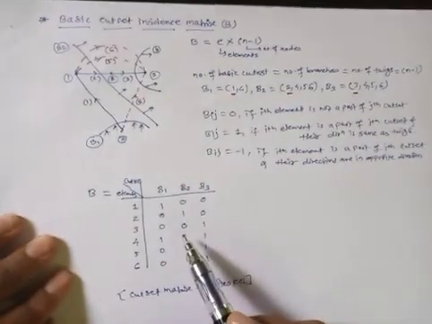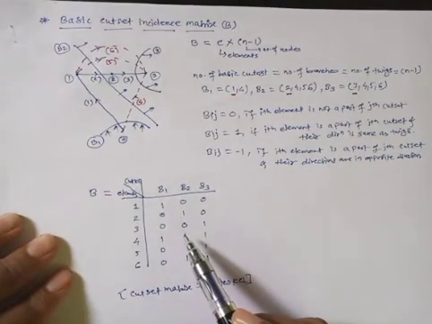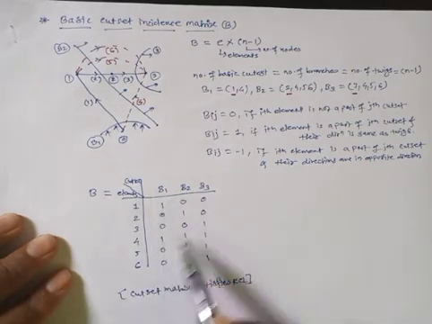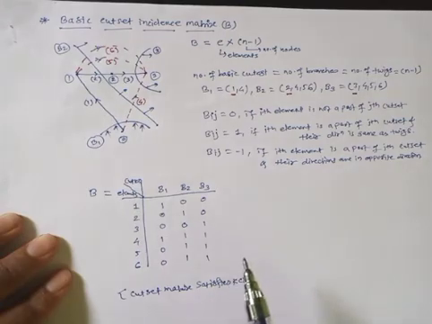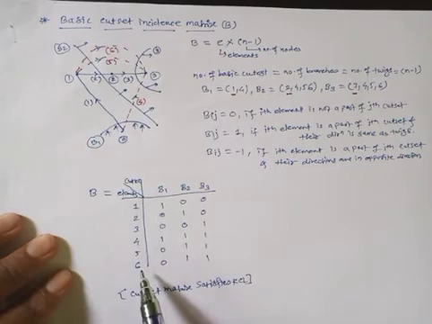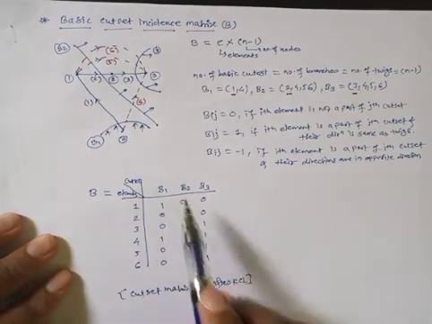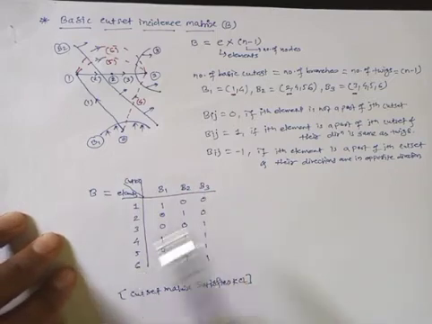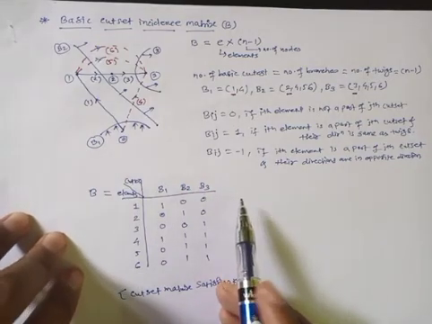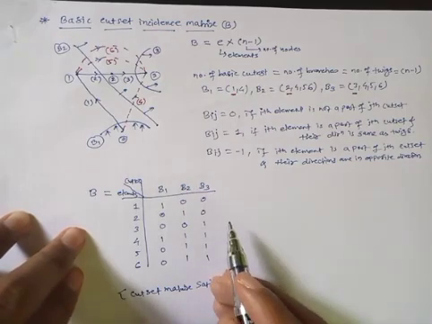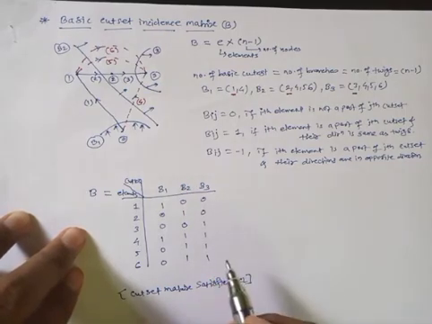So it is analogous to the application of Kirchhoff's current law. That's why this particular matrix, the basic cut set matrix B, satisfies KCL, that is Kirchhoff's current law. The elements can be the currents through those particular branches, and B1, B2 and B3 you can call nodes. The current at that particular node is either incoming or going away from that node.